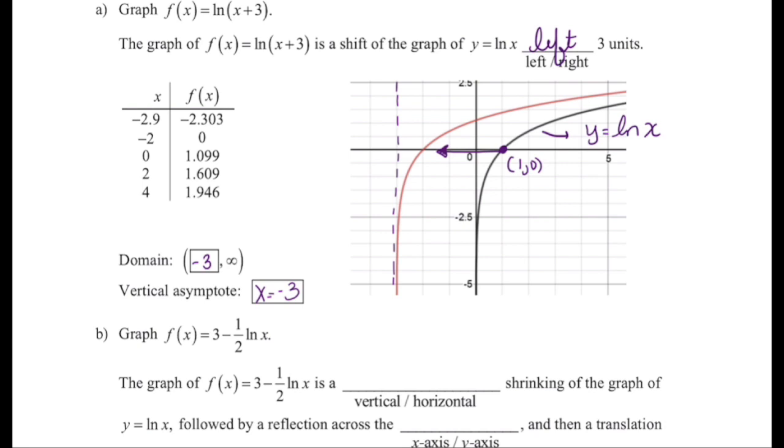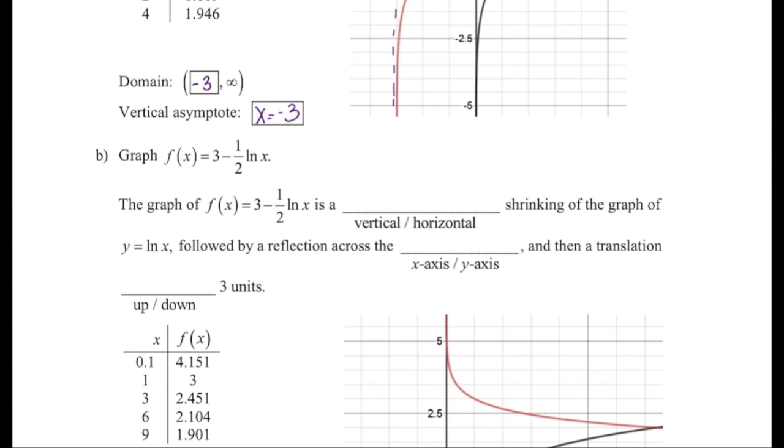How does the graph of 3 minus half of the natural log of x change? This is also the same as y is equal to -1/2 times the natural log of x plus 3. Because that plus 3 is on the outside of our function, not on the inside with parentheses, we're going to have our graph go up 3 units.